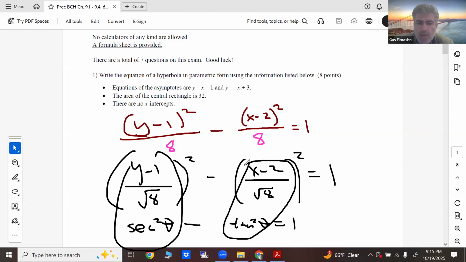So x minus 2 over root 8 equals tangent theta. So x equals 2 plus root 8 tangent theta. y equals 1 plus root 8 secant theta.